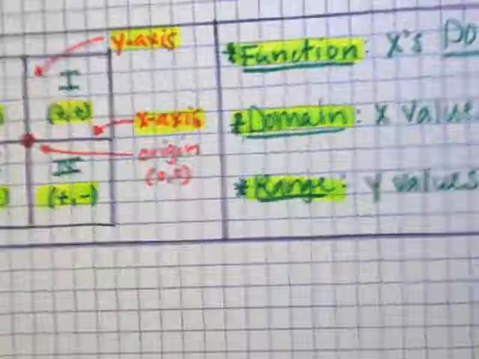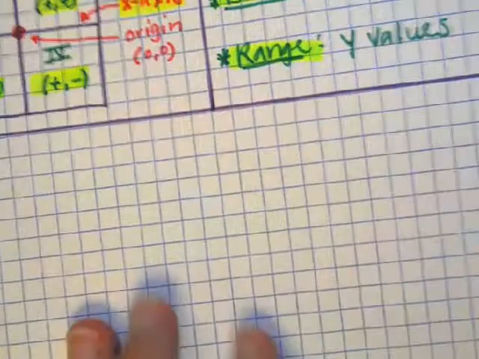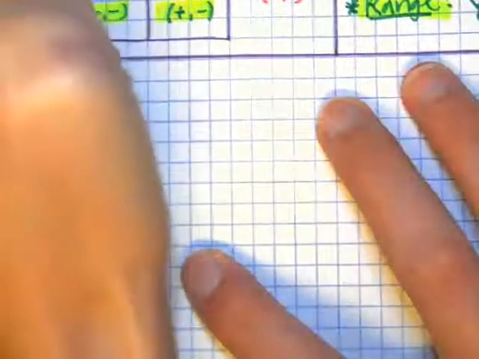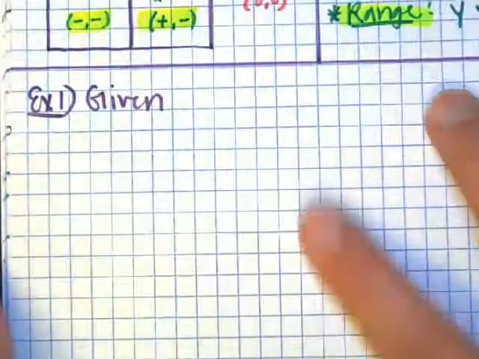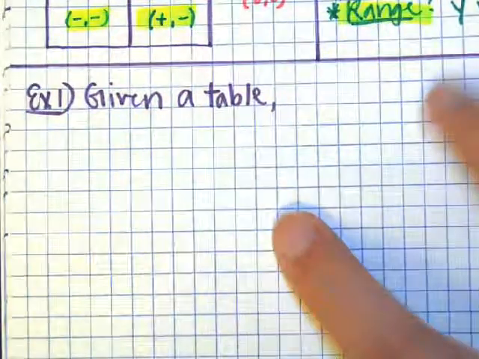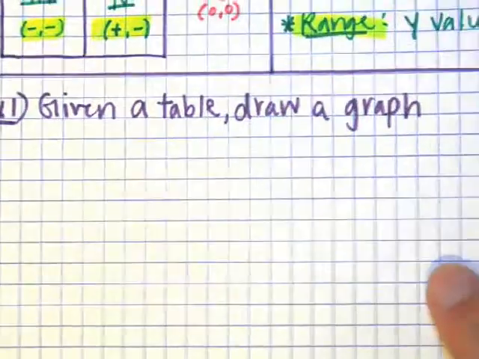Example 1 is going to say, given a table, draw a graph and the new thing we're going to learn today, mapping.